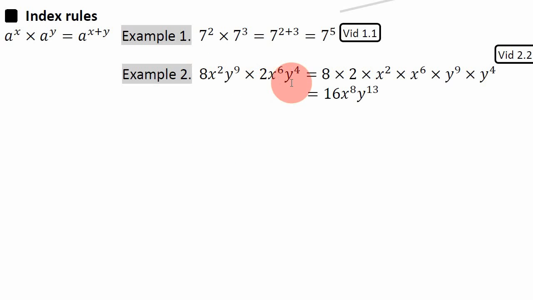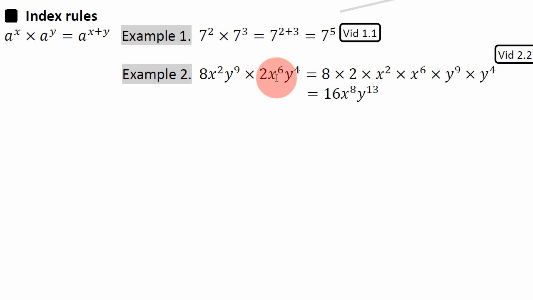So over here, I can use the same trick. I can multiply these things in a different order that will help me simplify it. For example, if I do 8 times x squared, I can't really simplify it in any way. But if I do 8 times 2 instead, because I'm allowed to change the order, I can simplify it to 16.